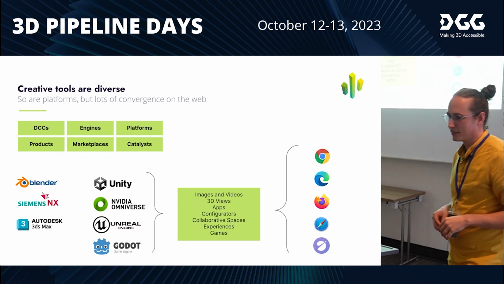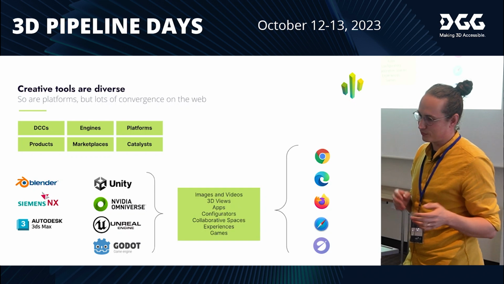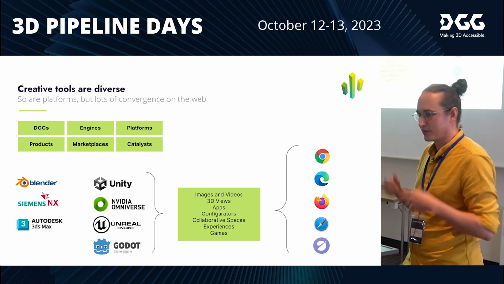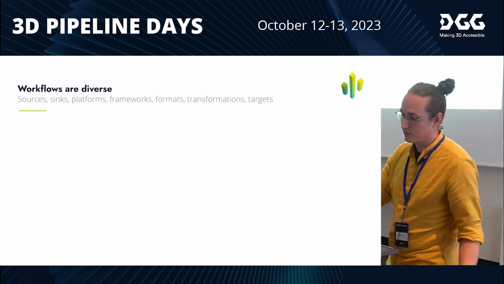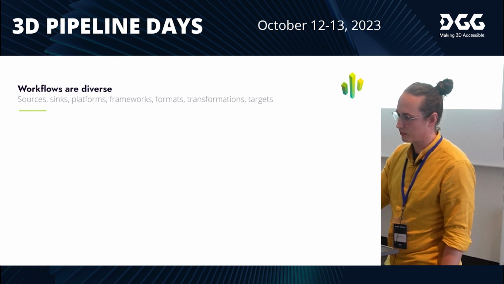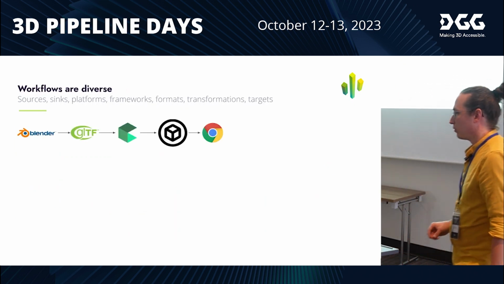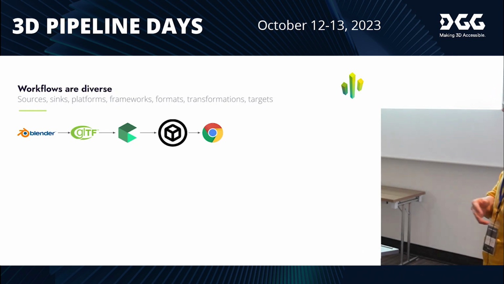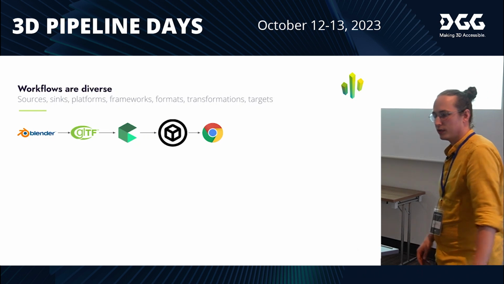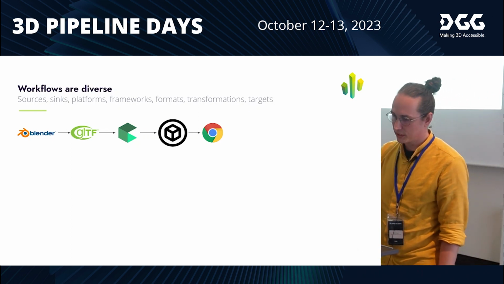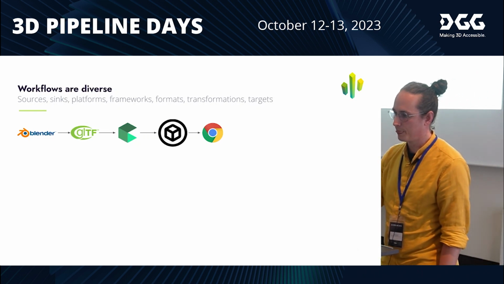Well, it's a bit of a challenge that a lot of what we heard about has. Explaining pipelines is hard. There are so many of them, which is interesting. One pipeline is you go from Blender, you make a glTF, you run it through Rapid Compact, you put it into Model Viewer, you display it in a browser, which is, I think, a pipeline we saw quite a bit today.